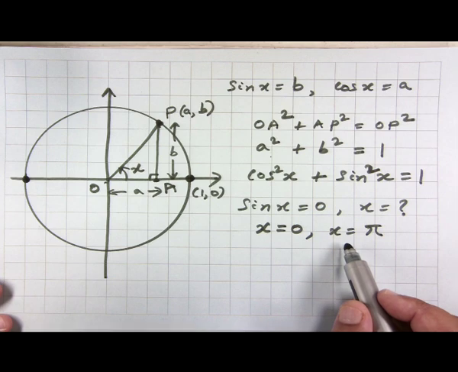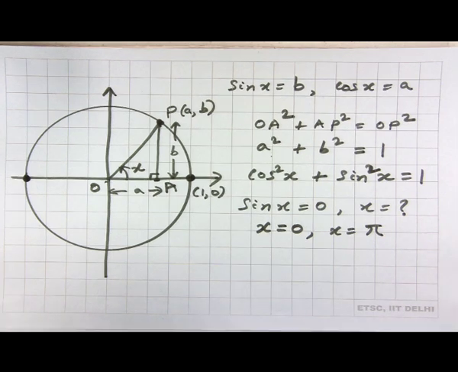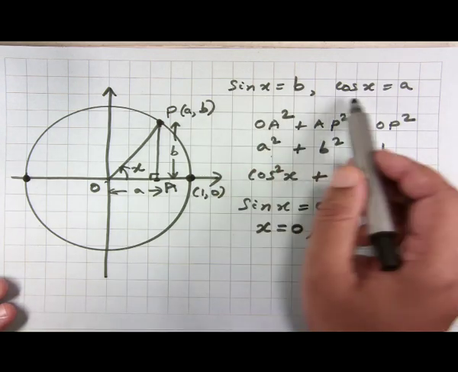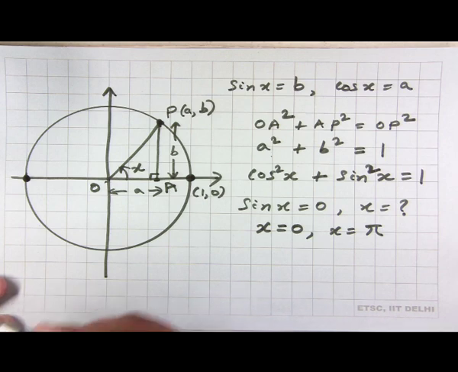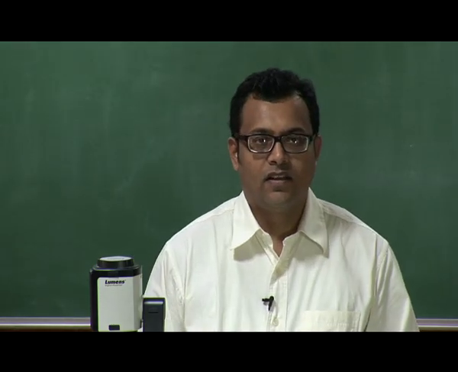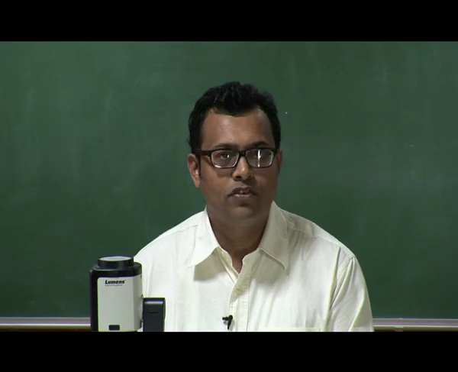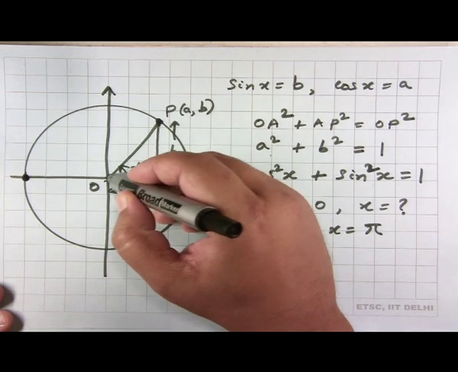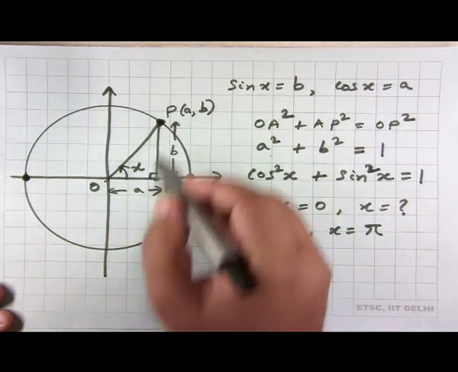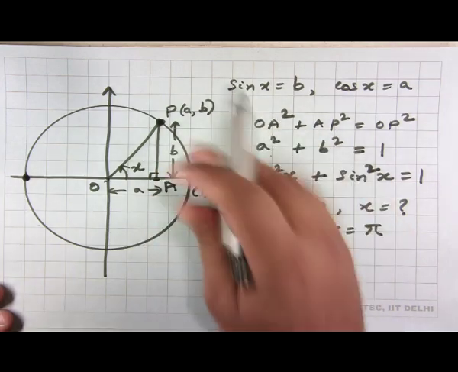pi, but then we must also realize one thing, that both these functions sin x and cos x, their values will repeat if we increase or decrease x by multiples of 2 pi, because 2 pi radians corresponds to one complete revolution. So, for example, suppose we consider this point P, for which sin x is equal to the y coordinate.